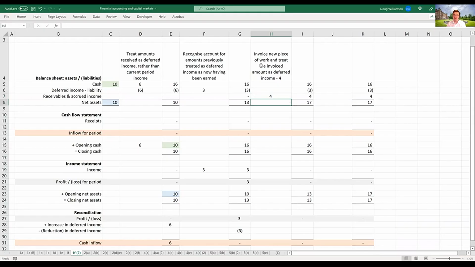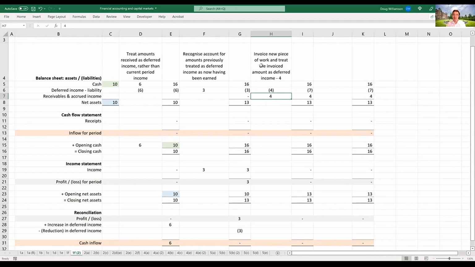So we've got an additional asset for that amount, but we're going to treat the whole of the amount as deferred at this stage. So deferred income is a liability, and the amount is 4, so we're also recognizing an additional liability of 4.